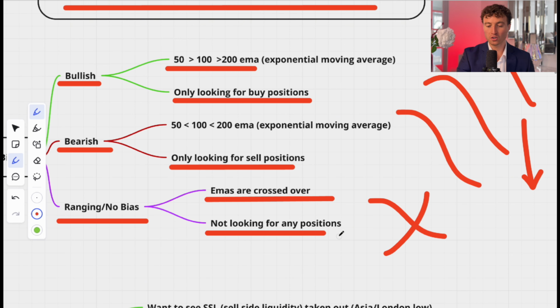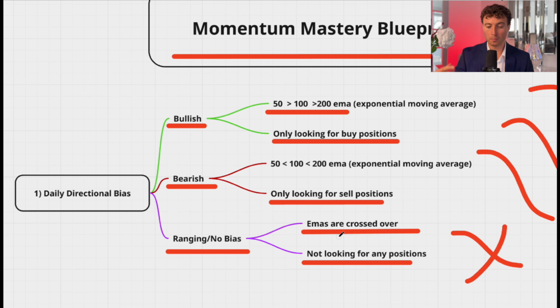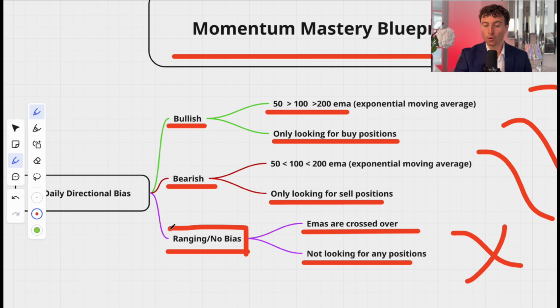We would therefore not be looking for any positions in the market. And so this is a very simple way to define whether we're either bullish, bearish, or have no bias in the market. So many traders are looking at placing trades every single day in the market, but professional traders only execute trades in the market when the conditions are correct. And so knowing when to stay out of the market and avoid ranging conditions is very, very important.